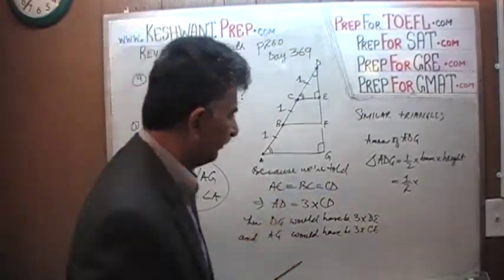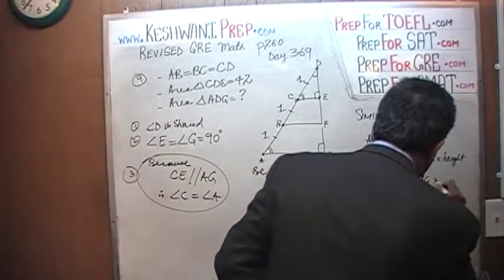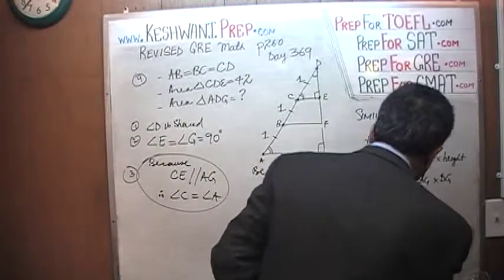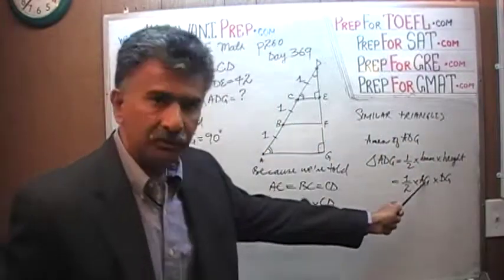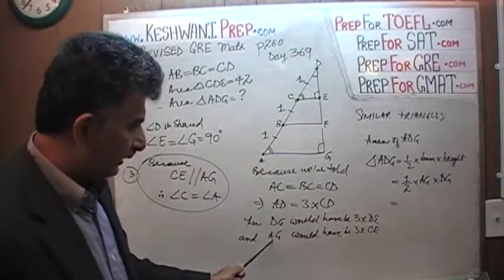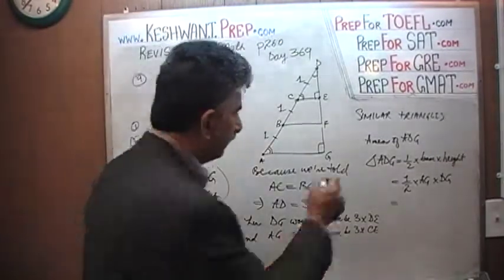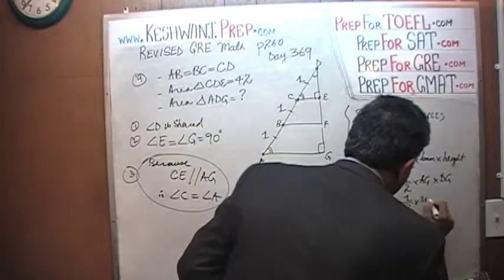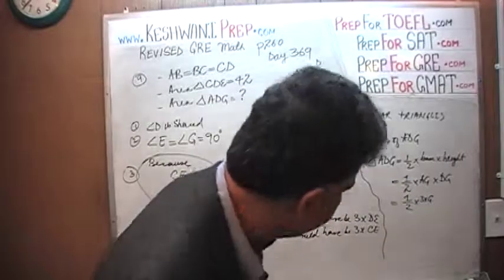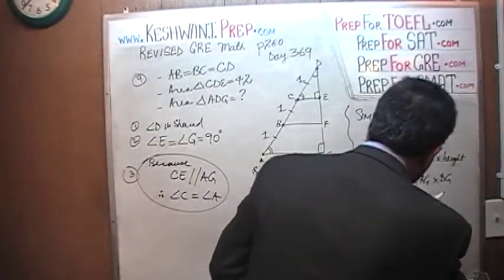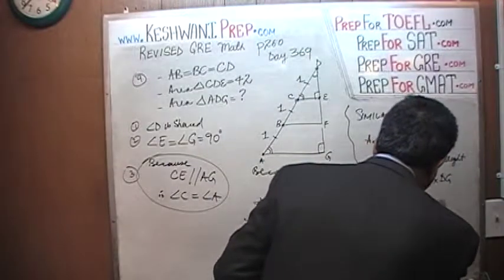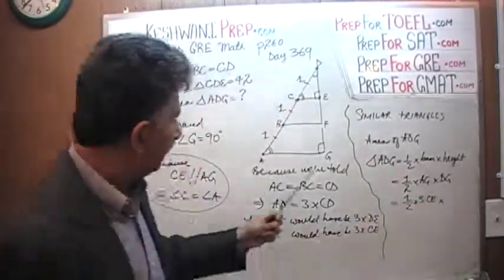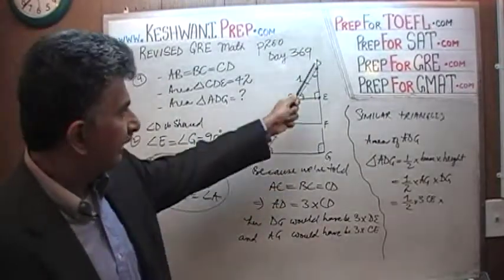The base is A to G, times the height, which is D to G. But we know that A to G right here is 3 times C to E. And similarly, we also know that D to G is 3 times D to E.